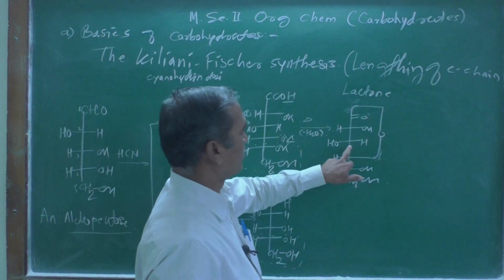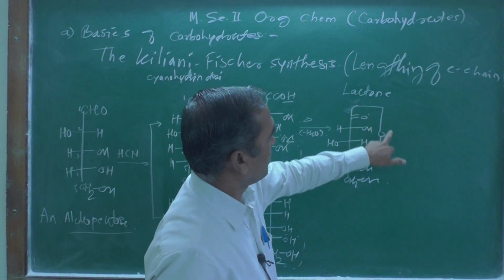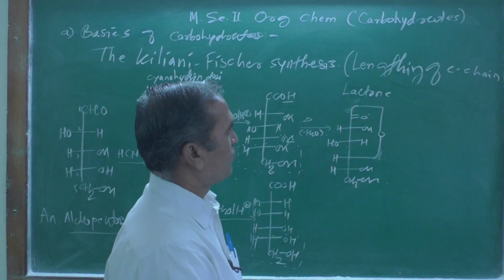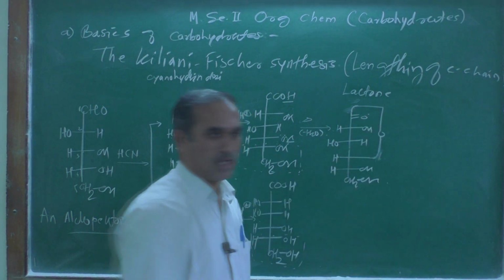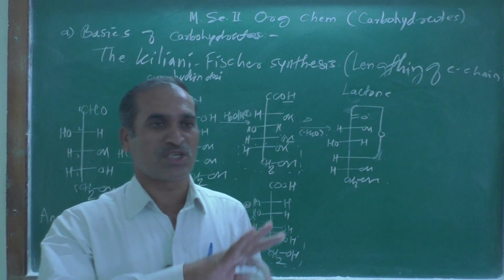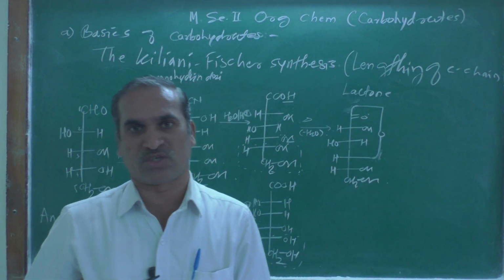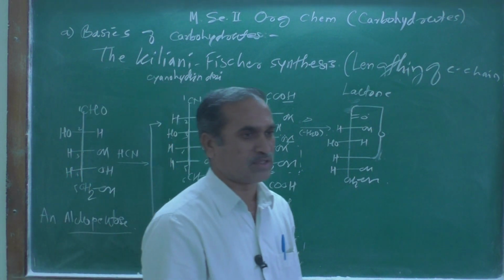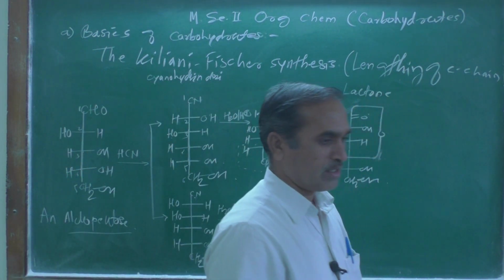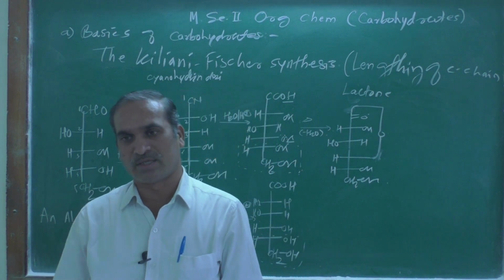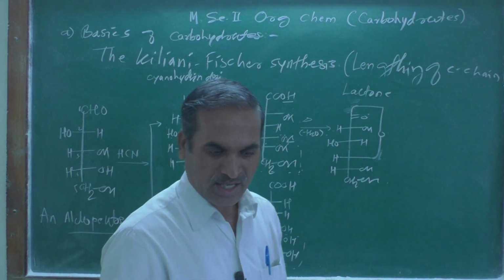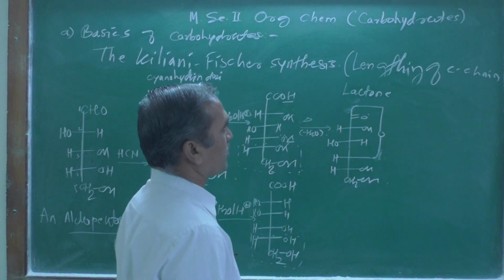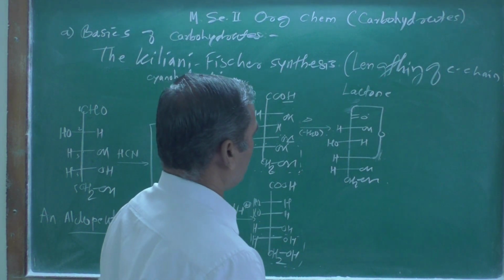So the bonds are 1, 2, 3, and this one is the 4th bond. That type of ring containing a carbonyl group and an oxygen atom, meaning an ester group in the ring, is termed a lactone, right? If instead there is a nitrogen, we call it a lactam. Remember, these are frequently used words in organic chemistry.